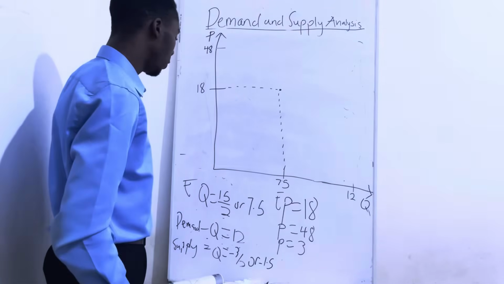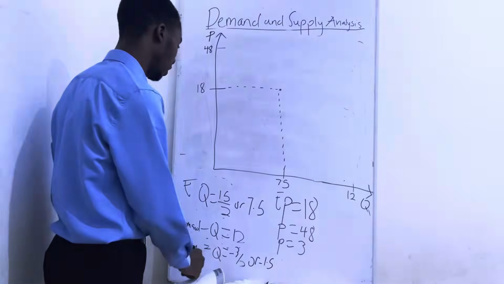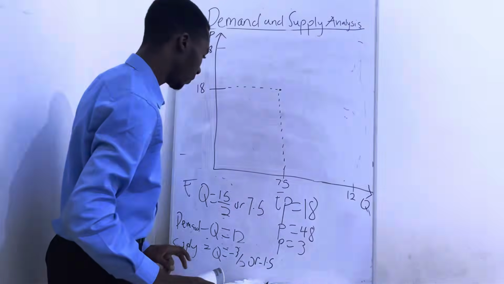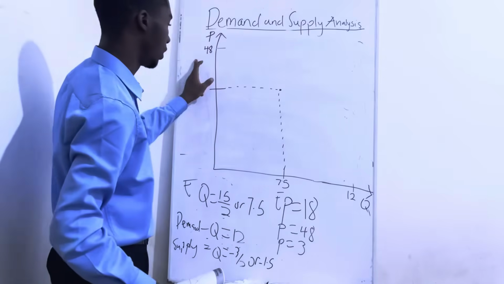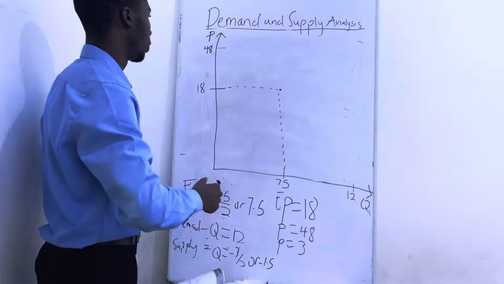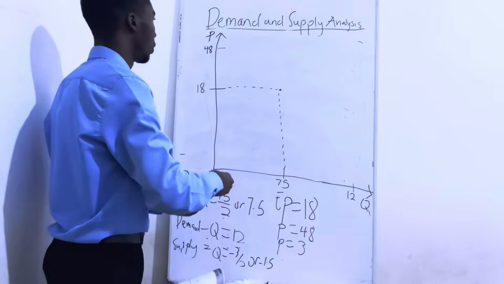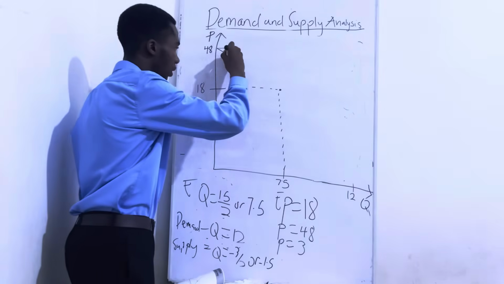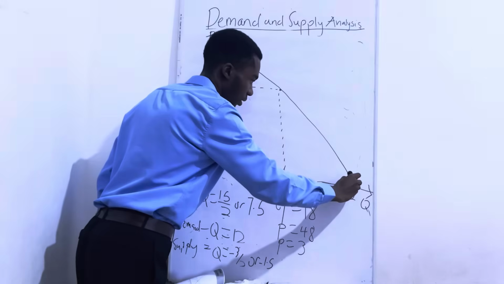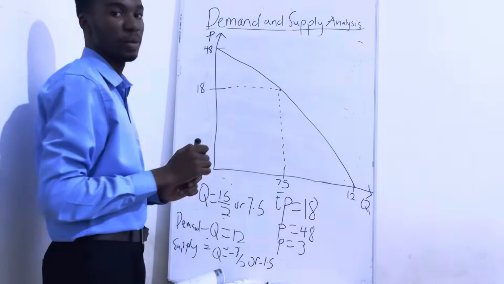So for the demand, when we made price 0, the quantity we got 12. I'll put it here so you can see it clearer. Then for the price, we got 48. Now we just connect both of them. We connect the 48 to the 12, and we're getting something like this. So this is for the demand function.